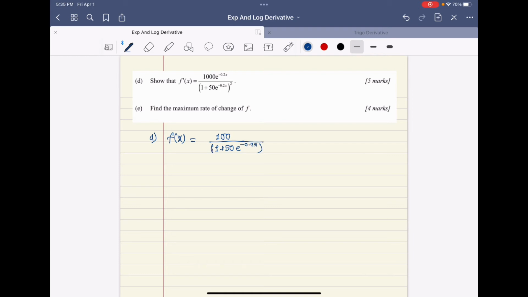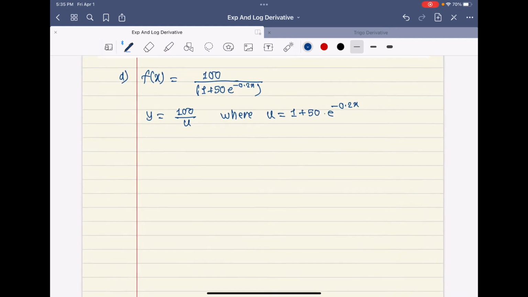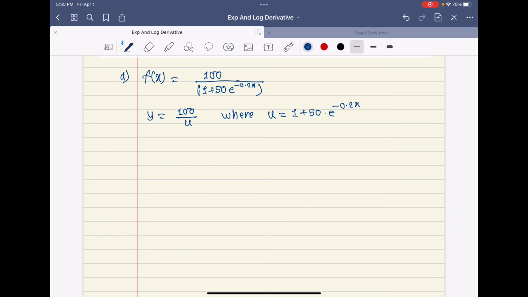I'm assigning the total denominator as my u. So I'm writing y is equal to 100 over u, where u is equal to 1 plus 50 times e raised to minus 0.2x. It becomes very easy.